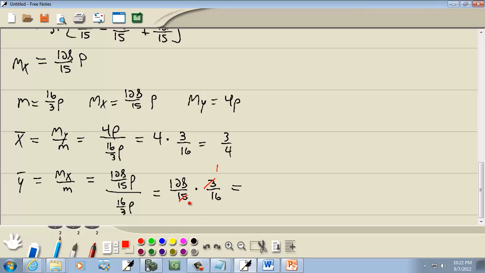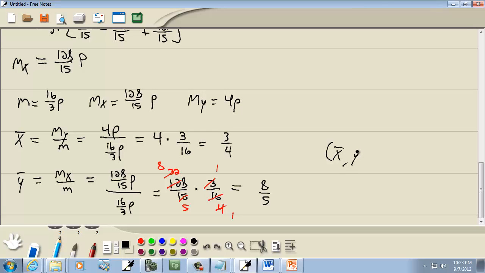It gives me 1 there, it gives me 5 there. Both are at least divisible by 4, maybe more than that. 16 divided by 4 is 4. This divided by 4 gives us 32. And it was more than that. So that gives us 1, and that gives us 8. So this would give us 8/5.